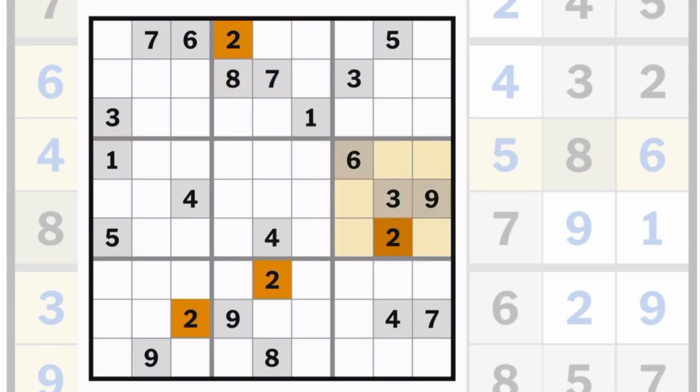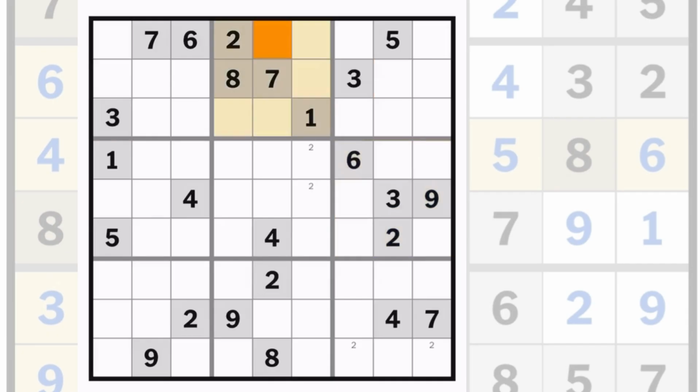So we move to number 2. Here you find that these two cells are where number 2 is a likely candidate. Similarly, these are the two cells where number 2 is a likely candidate. So we go to number 3.